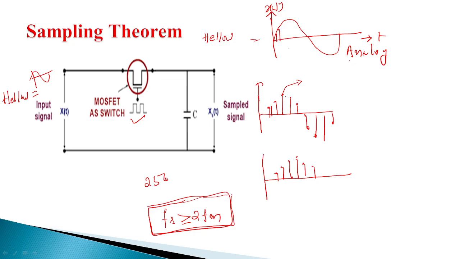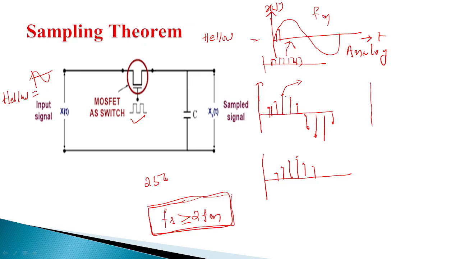For example, if this is the message signal with frequency FM and this is the carrier signal, the carrier is varied, sampled according to the message signal. That is called sampling. But the sampling rate should be greater than or equal to 2 fm.